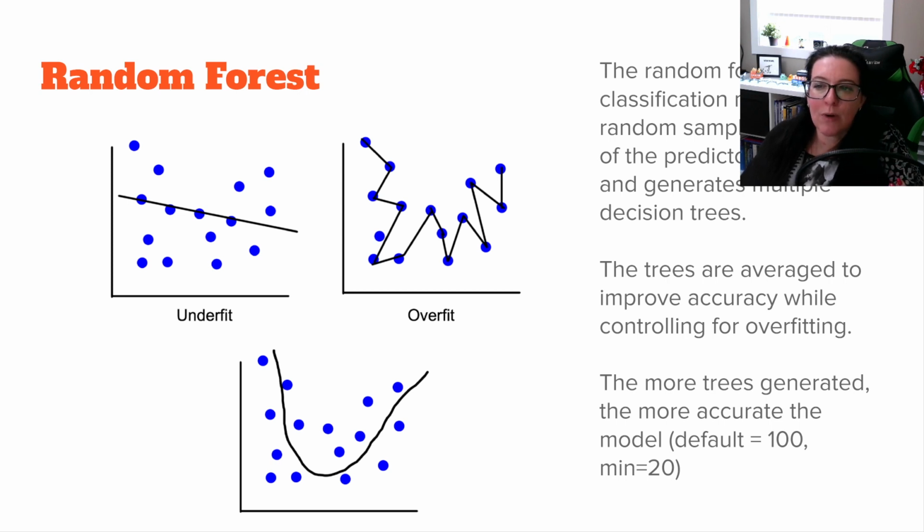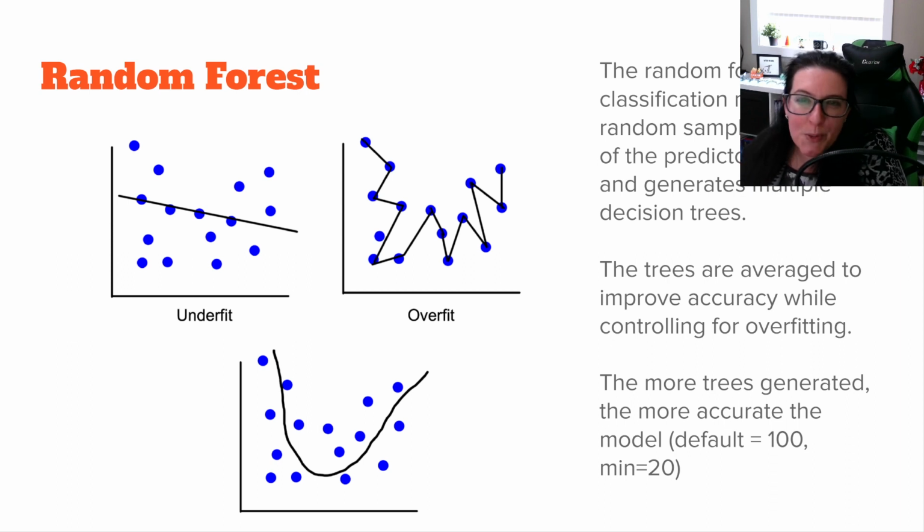So you can let it run the 100 default trees and average the results together, but don't ever lower it below 20, okay? Because you need at least 20 to actually improve the accuracy.